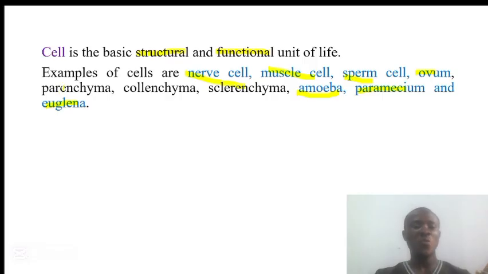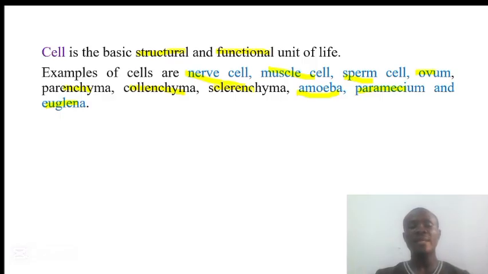In plants, we have cell like parenchyma cell. The food we eat, most often they are made up of this parenchyma cell, like the mango, the oranges, etc. We have collenchyma and sclerenchyma. The parenchyma, collenchyma, and sclerenchyma are cells that are found in plants.